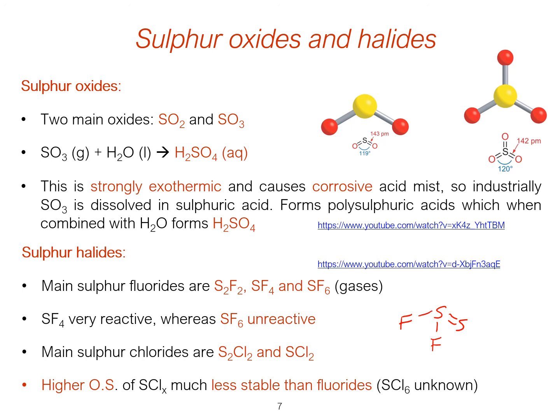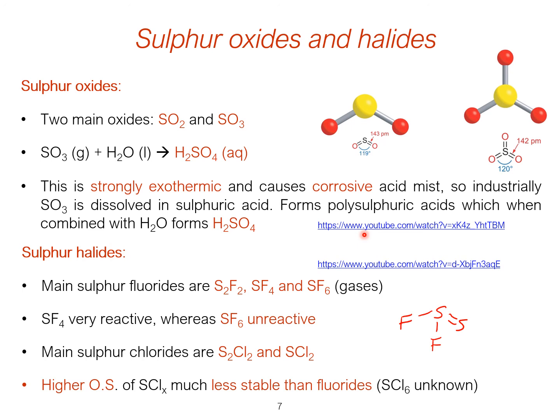They're all gases. SF4 is very reactive, and SF6 is really unreactive. It's a really good electrical insulator as well, so it's used in very high voltage applications, like the movement of electricity from the power plant to the home in these transformer boxes, where SF6 is there as a very good electrical insulator to keep it safer.